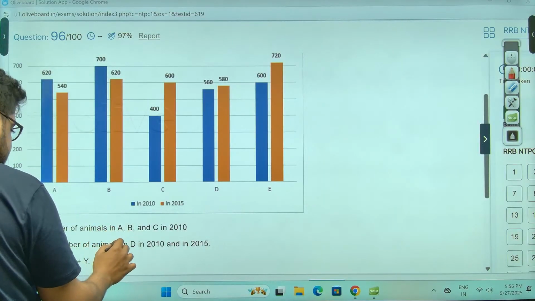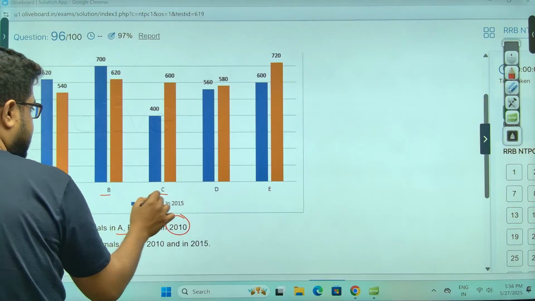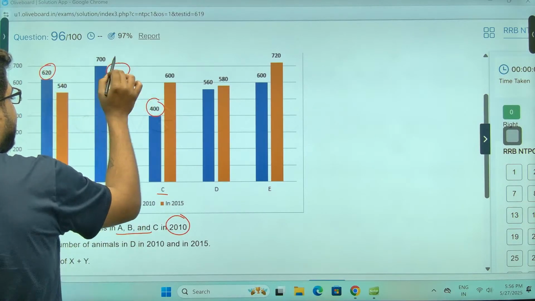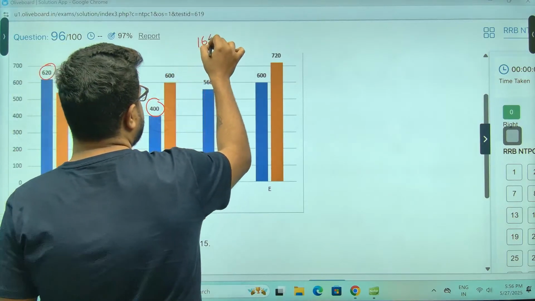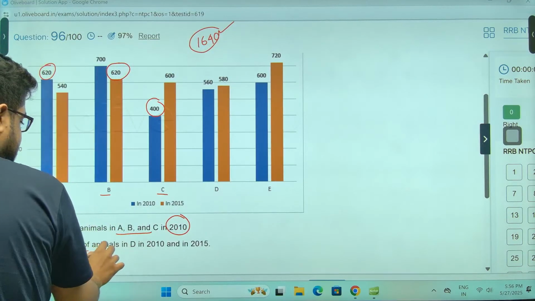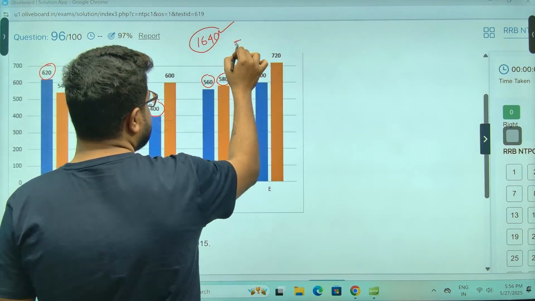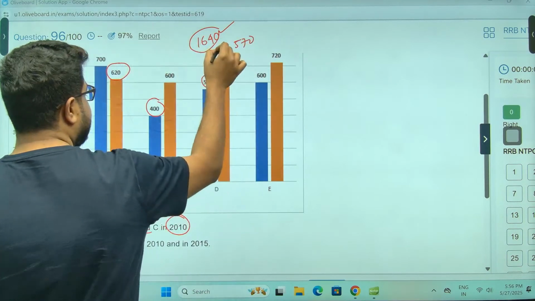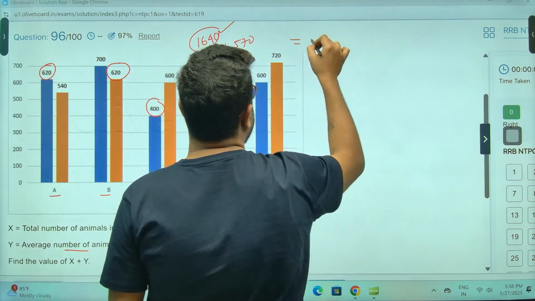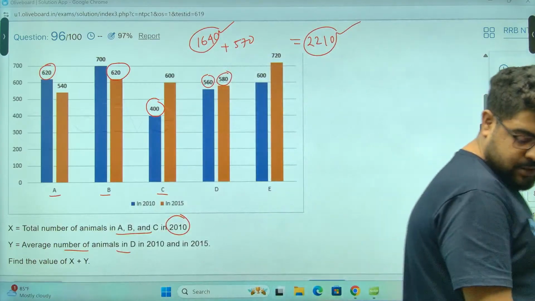Total number of animals in ABC in 2010: 620, 620, 400. 1240 plus 400 is 1640. Average of animal D: 560, 580, average is 570. X plus Y, so this is 2210. Answer.